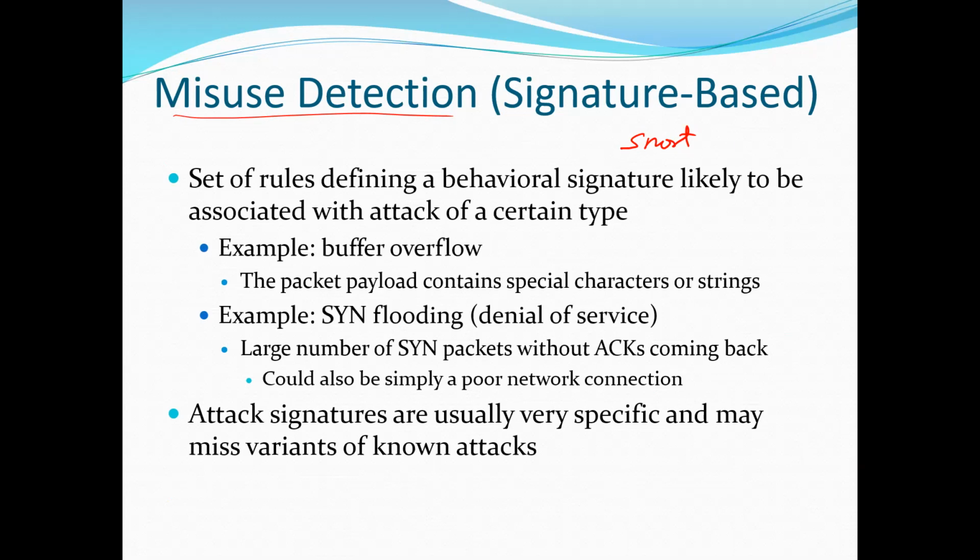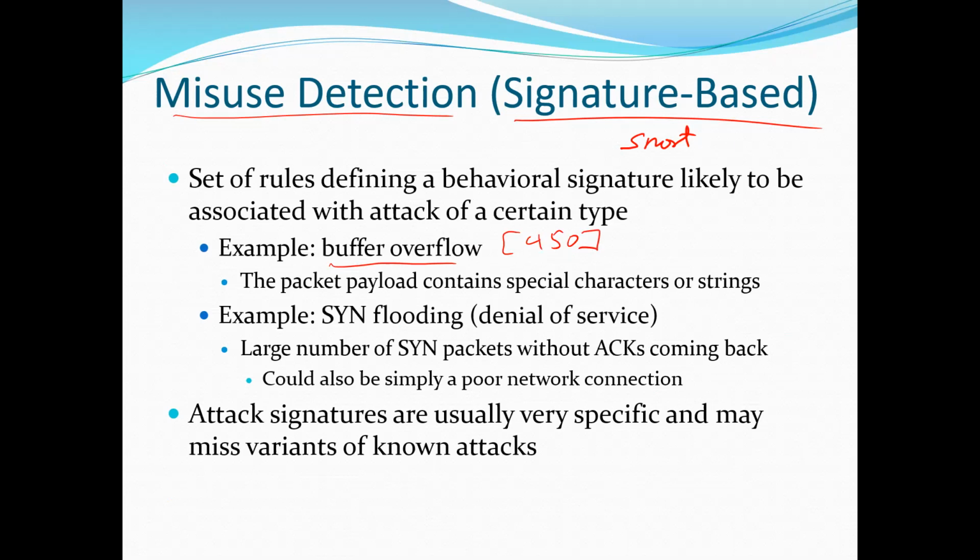So misuse detection, or also signature-based, is when you have a set of rules defining a behavioral signature likely to be associated with an attack of a certain type. An example is the buffer overflow, right? If you don't know what buffer overflow is, you'll see it when you take 450, or you should have seen it already.